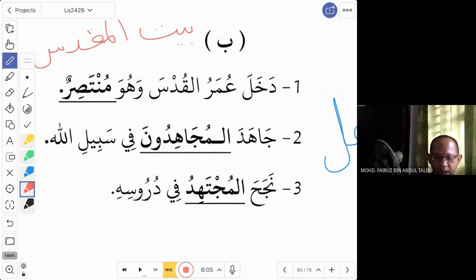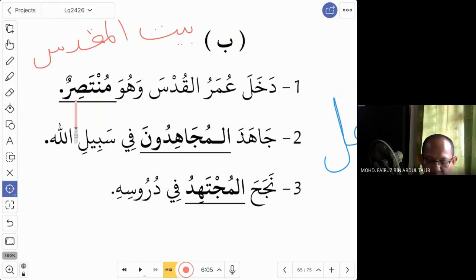Dakhala Umar Al-Quds. He entered Jerusalem. Wahuwa muntasirun. Wahuwa, while he was, at that time when he entered the Quds, he was victorious, muntasir. He was winning.